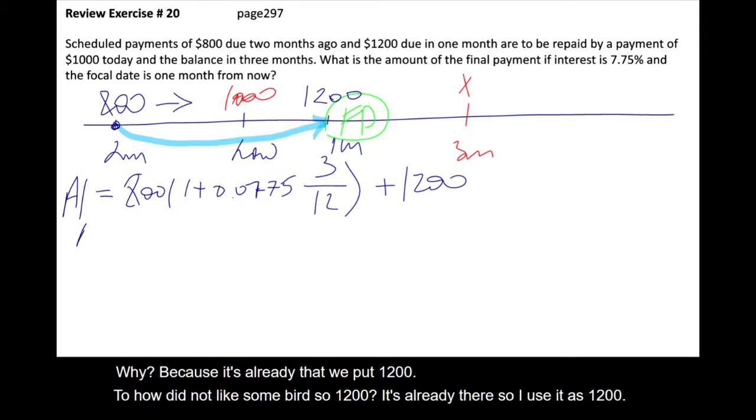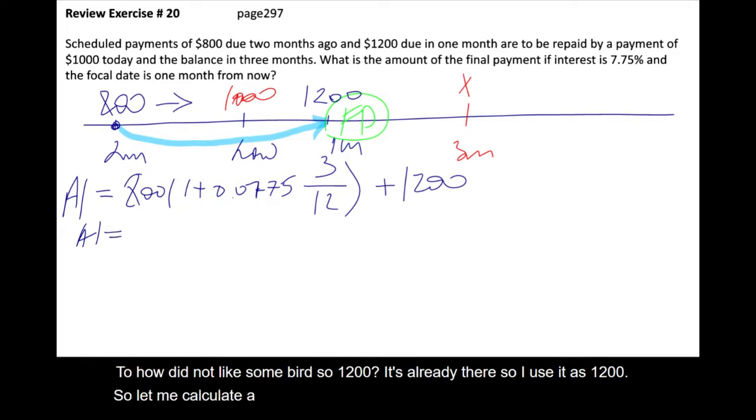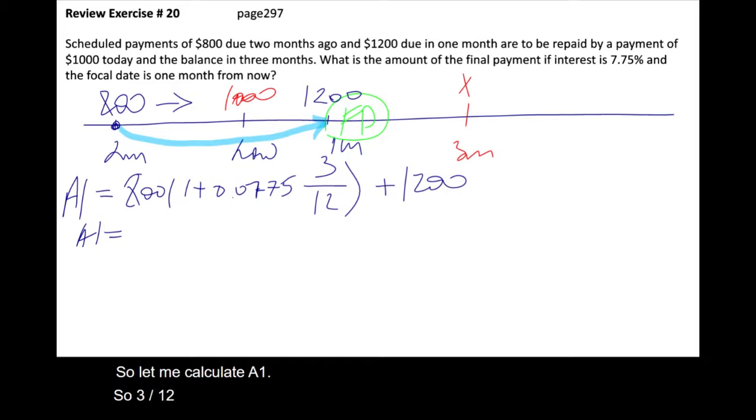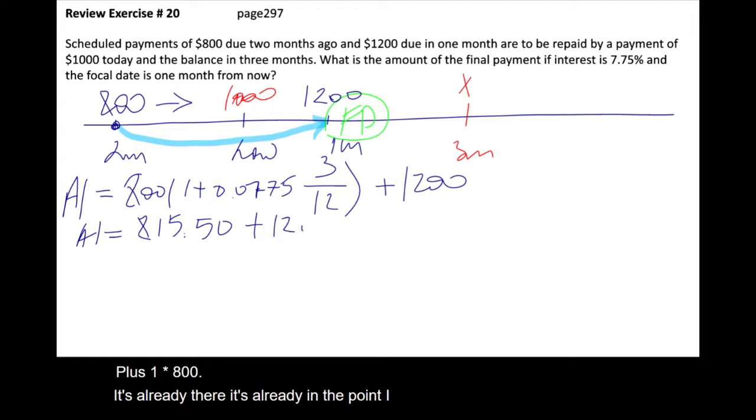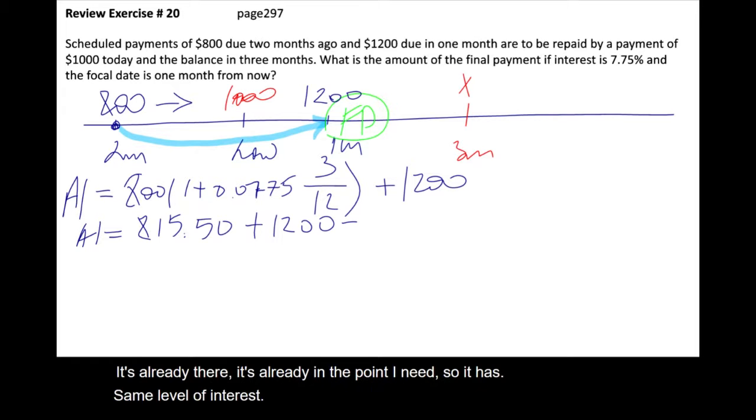So let me calculate A1: 3/12 times 0.0775 plus 1, times 800. You don't apply the interest to the 1200 because it's already at the point I need, so it has the same level of interest. Okay. Thank you. You're welcome.